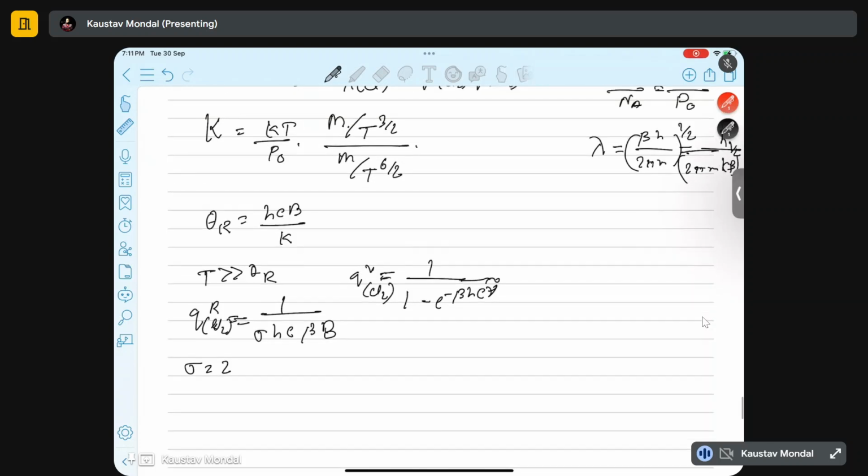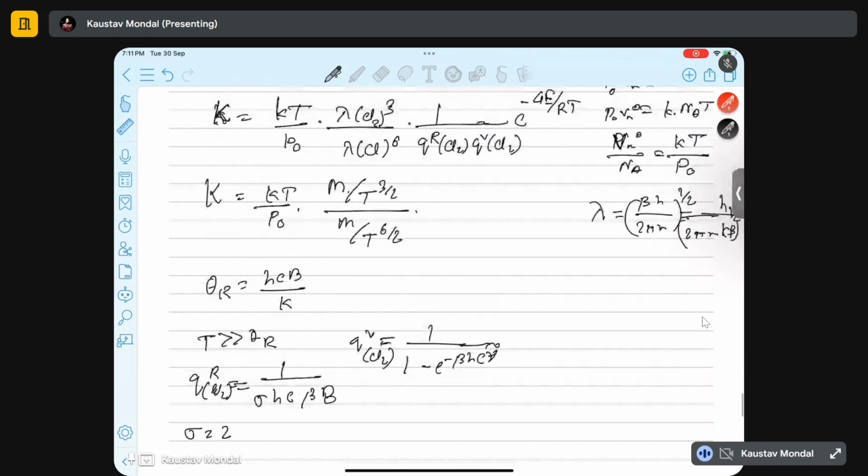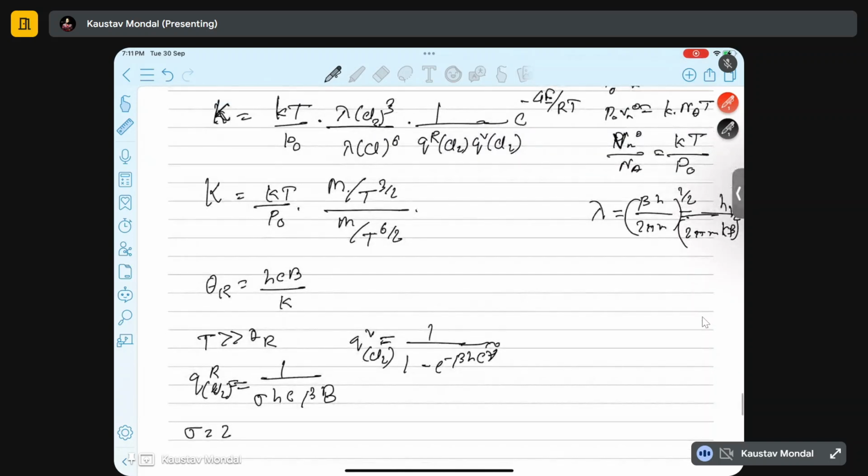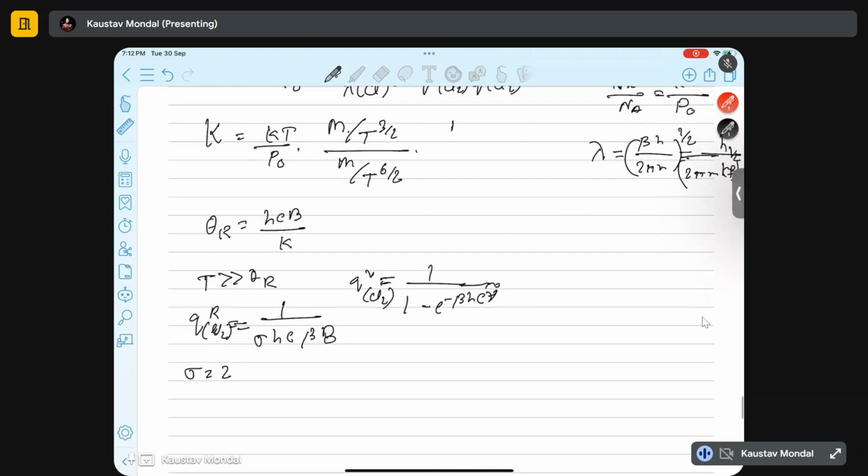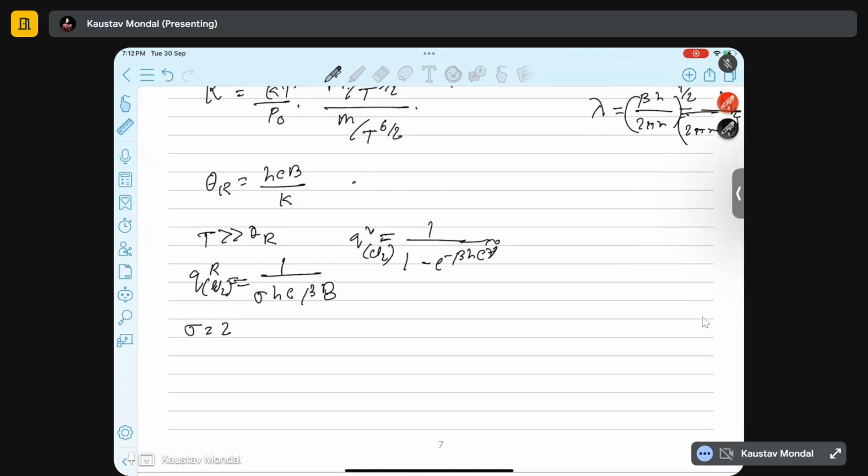You have to just calculate it for Cl2 and put it in here. Now since Cl2 has two atoms, the normal modes of vibration for linear molecules, we know 3N minus 5, so 3 into 2 minus 5, that is 1. So that's why we have to use only one QV.